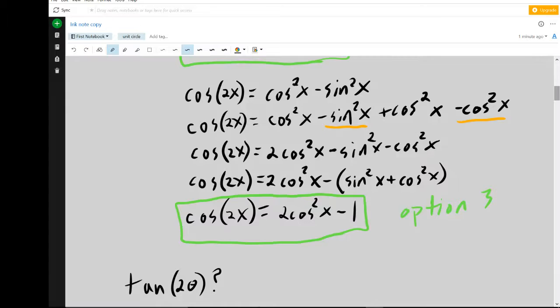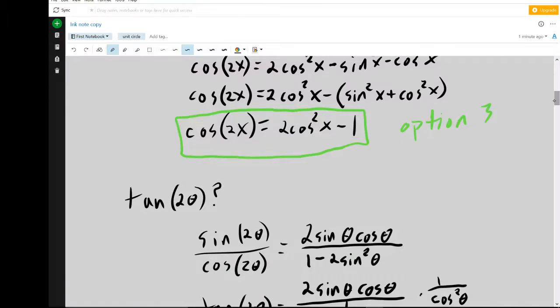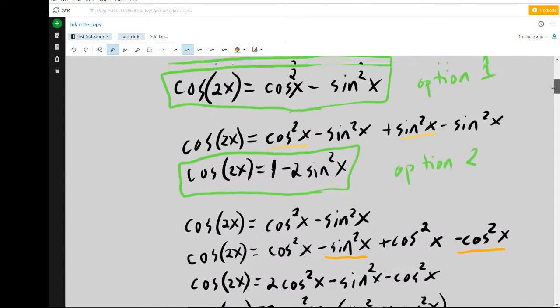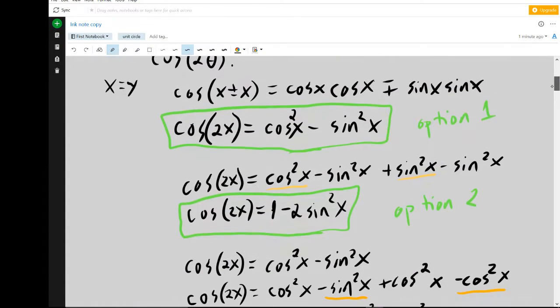So we have those 2 cosine squareds, and we're going to combine those on the left part of this. And then for the remainder, we have this negative sine squared x minus cosine squared x. Bring that negative out, and then put it in parentheses. We see that we've got our sine squared plus cosine squared. Make that 1. And then 1 times negative 1 is just negative 1. I realize that you guys will probably get to the point where you just see that happening, but until you're more comfortable, I suggest going through the steps. So those are your 3 options for cosine 2 theta.